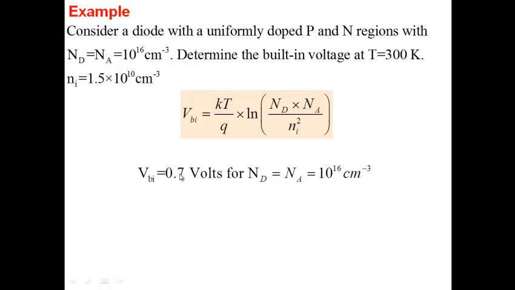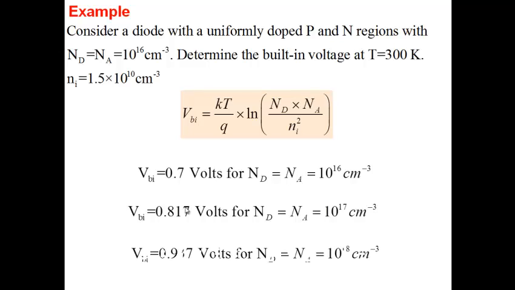So 0.7 is a number to keep in mind with the doping of 10 to the power 16. If you make it 10 to the power 17, 0.817. If you make it 10 to the power 18, 0.937. So roughly, for one order of magnitude increase, you're getting a 100 millivolt increase here.